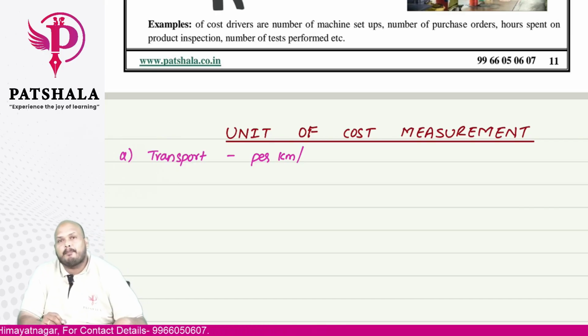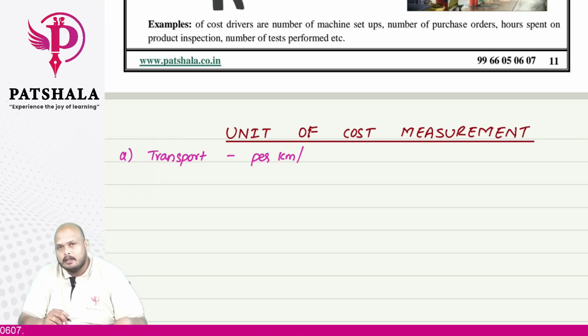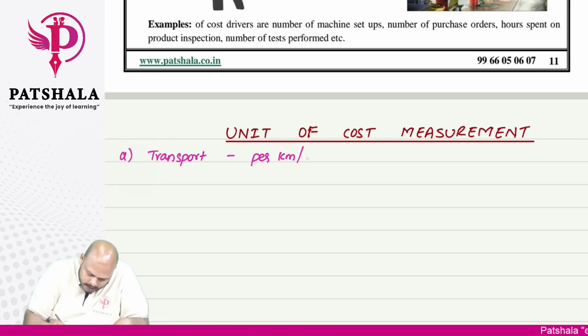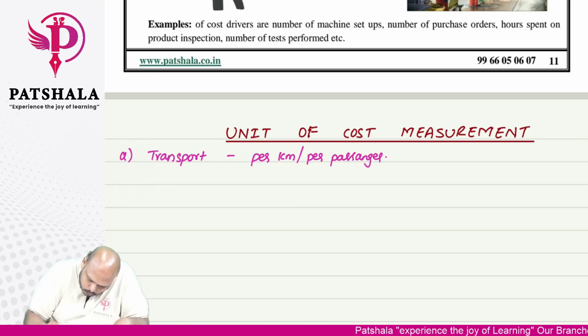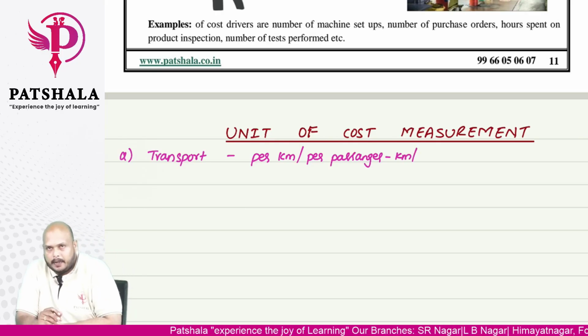If you are using public transportation, like traveling in TSRTC or APSRTC, the unit of cost measurement is per passenger kilometer. Here what does per passenger kilometer represent?